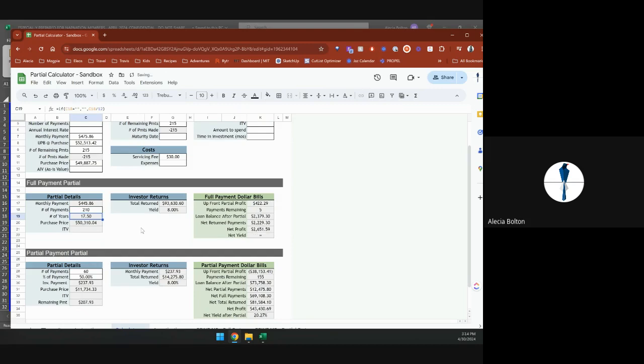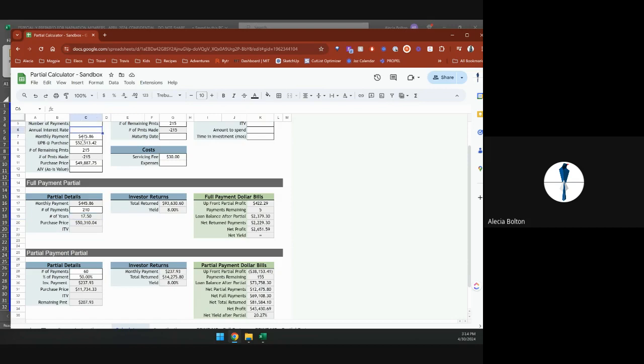You'd have to sell at least 210 of 215. So if that's the strategy you were going for, this might not be the greatest note for that. Because you'd only have 3 payments left on the back end, 3 to 5, depending on how much you wanted as upfront partial, which might be fine. That might be what you're wanting to do because you're just wanting to grow your portfolio that way.